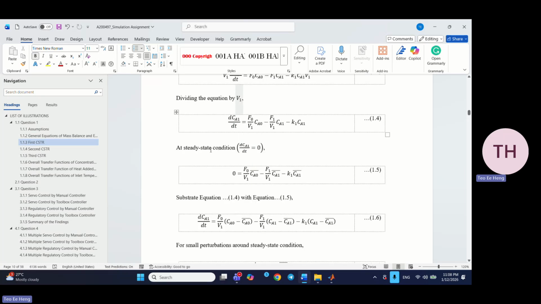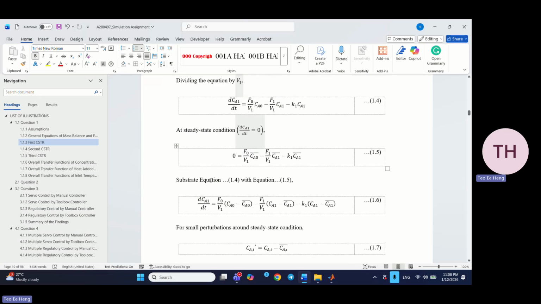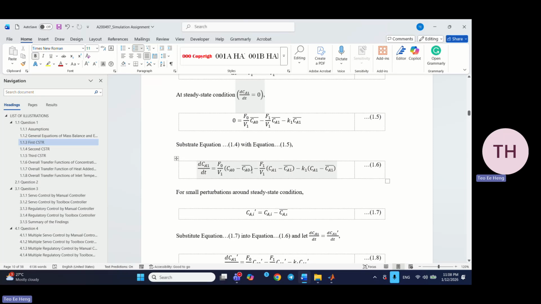For the steady state condition, we assume that dCA1/dt is equal to 0. Then we subtract equation 1.4 with equation 1.5 and we get this equation. For the steady state equation, the concentration CA0 will have a bar above the C.